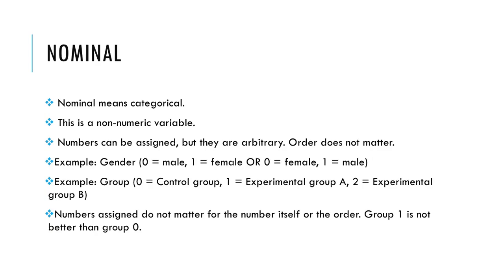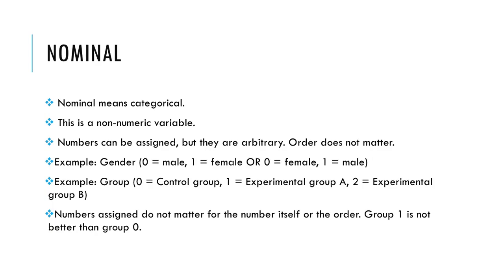That means like name, right? So numbers can be assigned, but they're really arbitrary. So the order of your list doesn't matter. For example, gender is a nominal variable. So there's several other genders we could include here, but just to be really succinct and simple, I just put male and female. So in my data set, I could label male as 0 and female as 1.